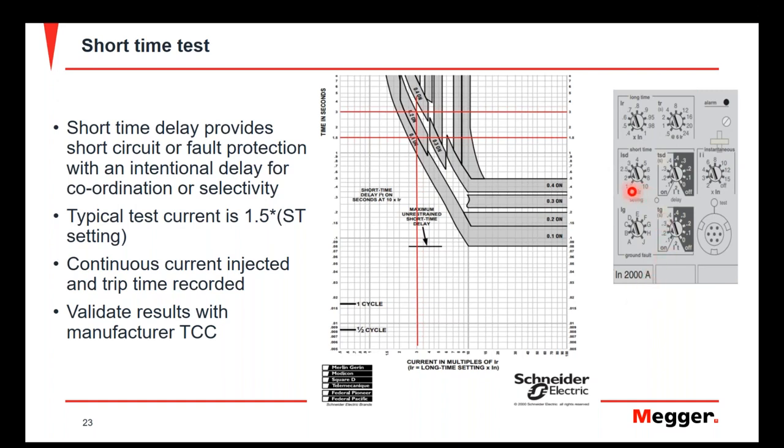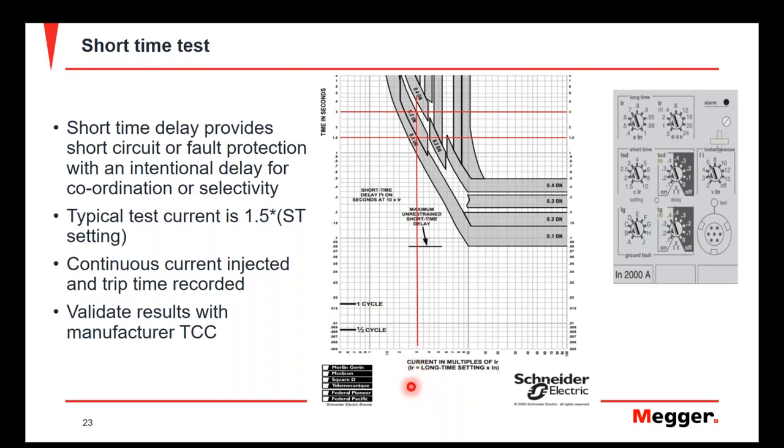So 2 times 1000 amps is going to give us a test setting of 2000 amps. So to time our short time setting, we're going to test it at 1.5 times that. So our current level that we're going to use for that test is going to be 3000 amps.